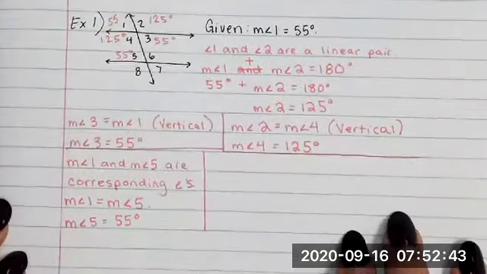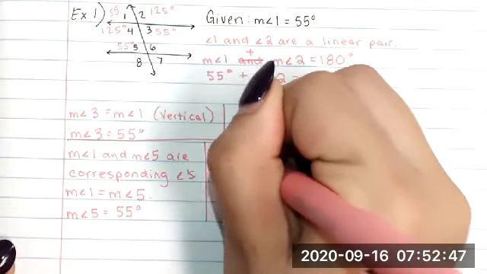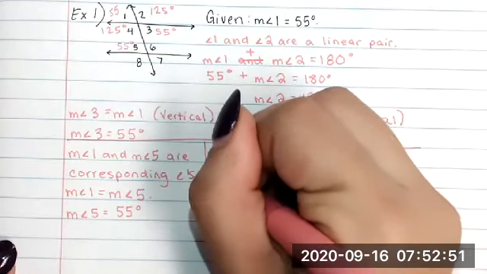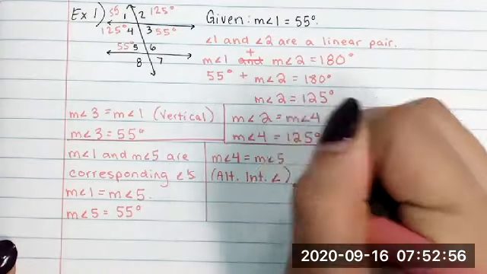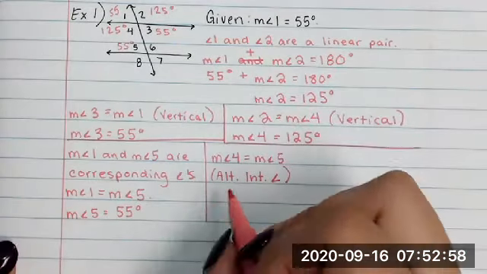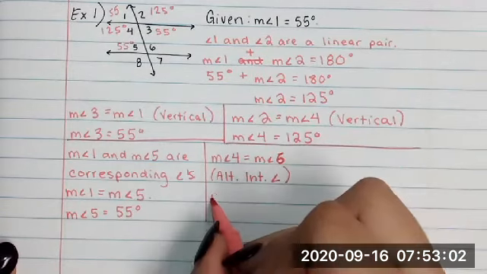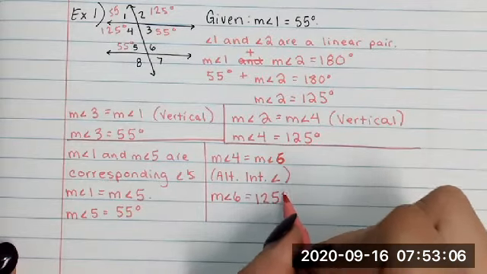So that means the measure of angle 4 equals the measure of angle 6, because these guys are alternate interior angles. And the measure of angle 6 would be equal to 125 degrees.